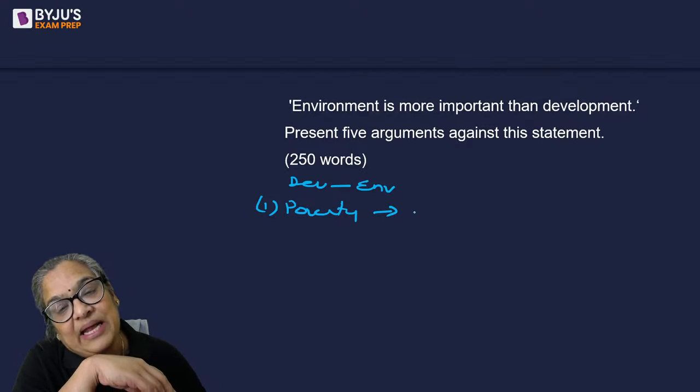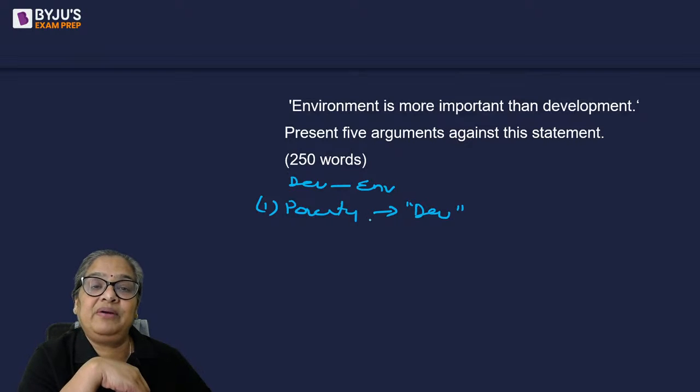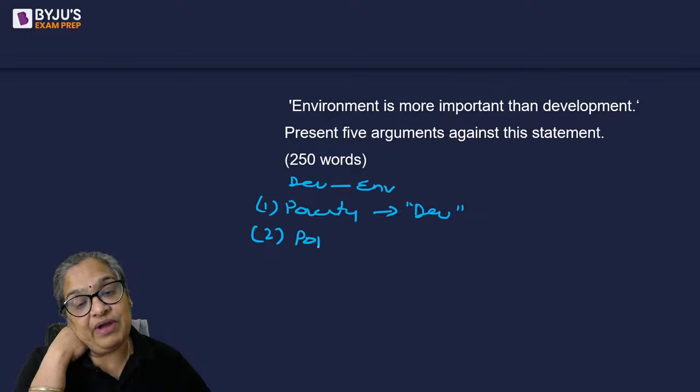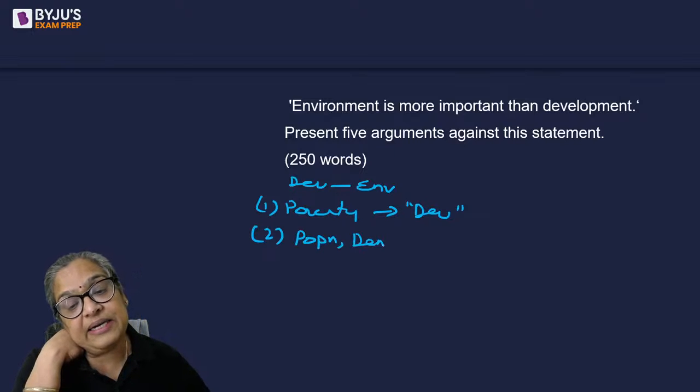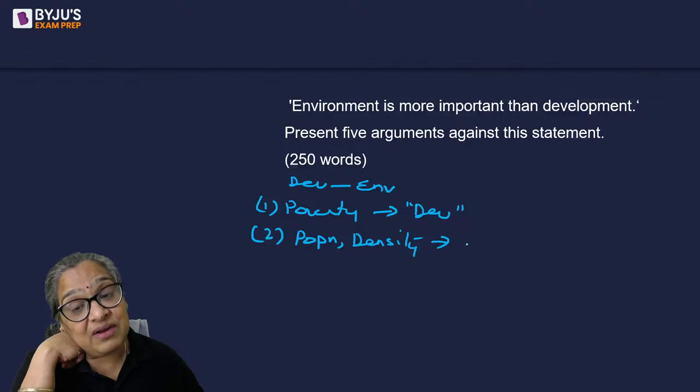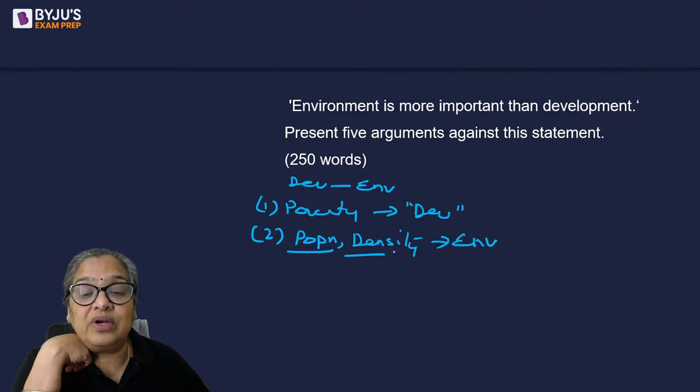Can government eliminate poverty without an agenda of development? Second, in a country like India, where population and the density of population is so high, right?